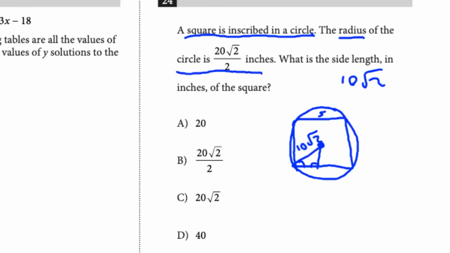So if that angle is 45 degrees, the other angle will be 45 degrees, and we know a side length, so we can use our special right triangle rules to get the other ones. So this is going to be 10, and this side is going to be 10, and the other side, this is half of the side length, so the other one is basically 10.